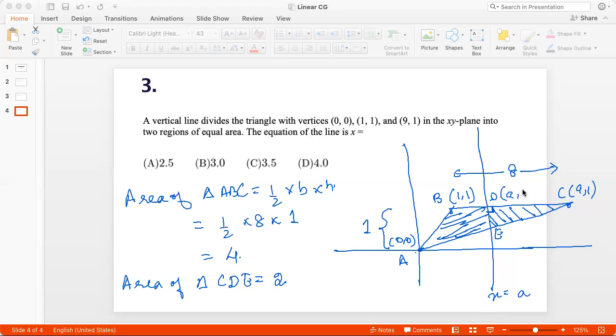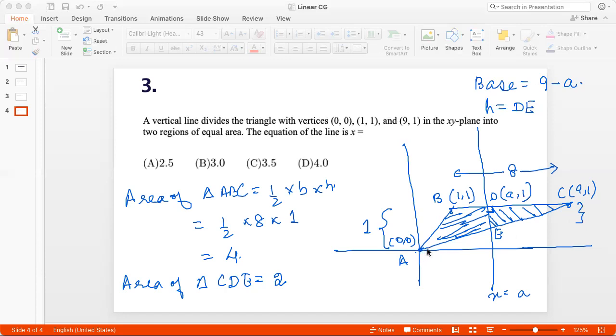This point will be a comma 1, because the x value is a and the y value is 1. So my base is 9 minus a for the triangle DEC. And what is my height? My height is this distance, DE. How can I find the distance DE?